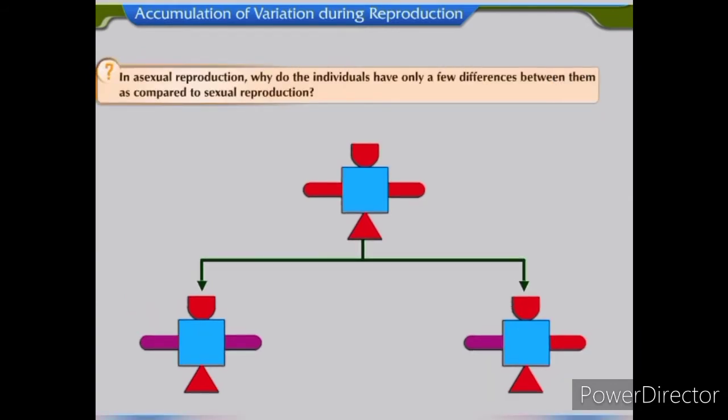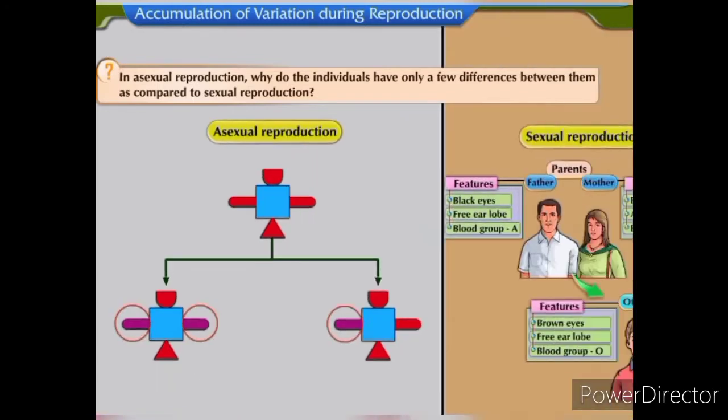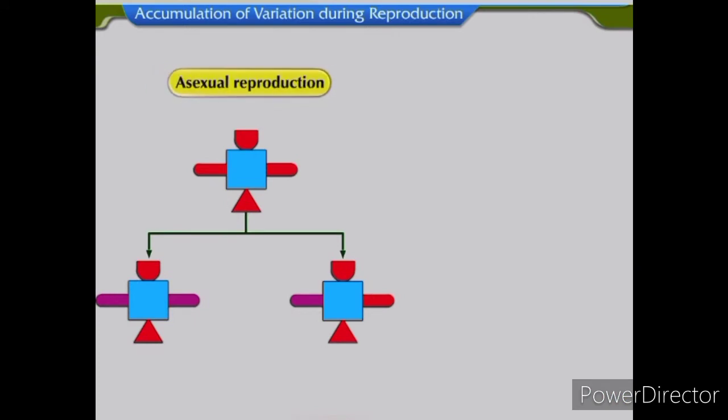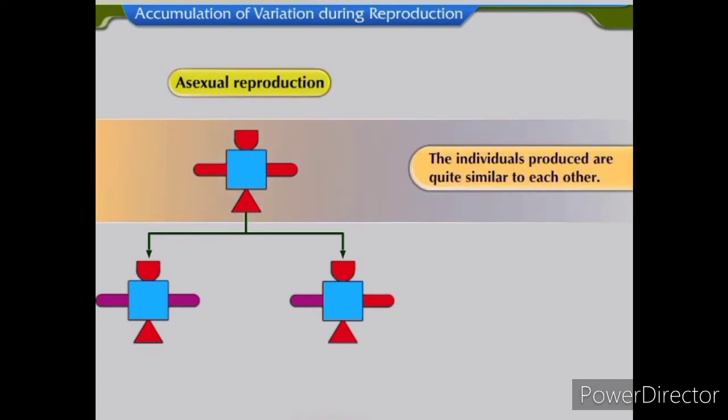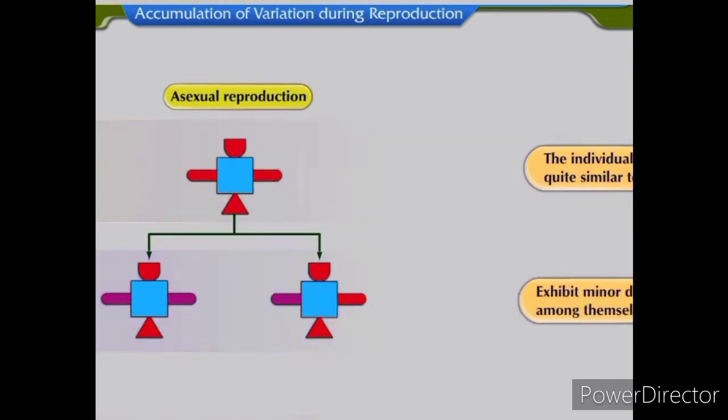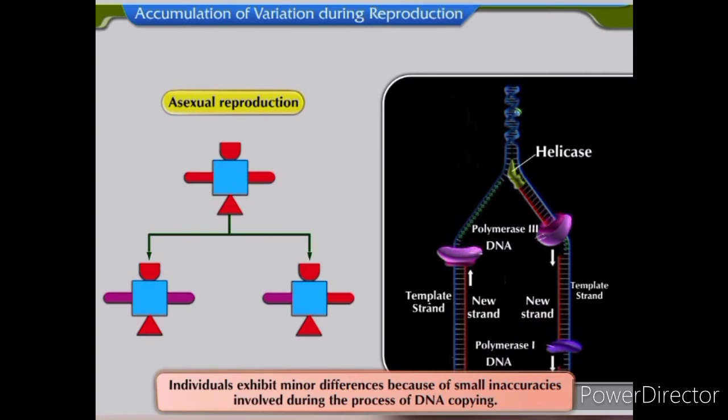Do you know why in asexual reproduction the individuals have only a few differences between them as compared to sexual reproduction? Well, in asexual reproduction, the individuals produced are quite similar to each other and exhibit minor differences among themselves. This is because of small inaccuracies involved during the process of DNA copying.